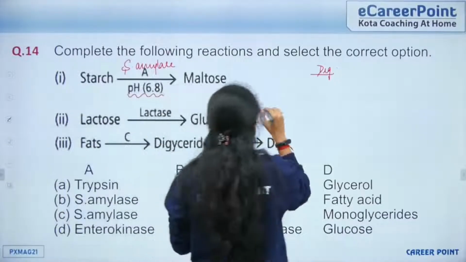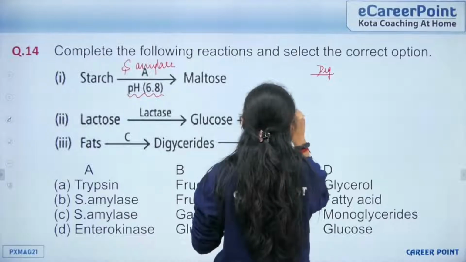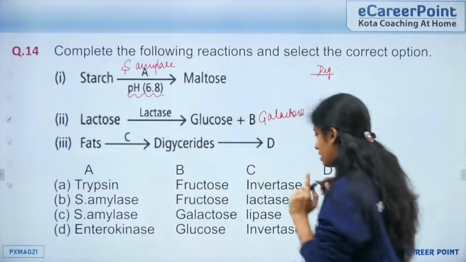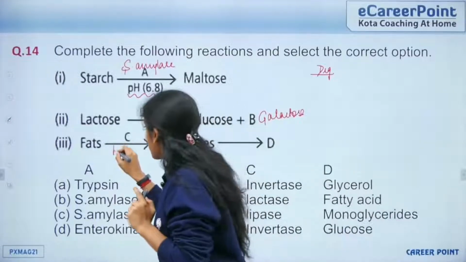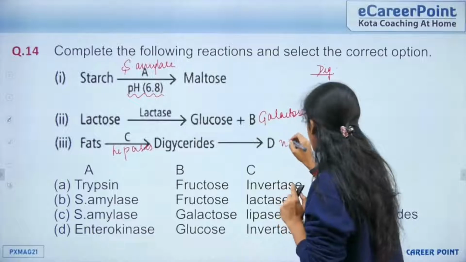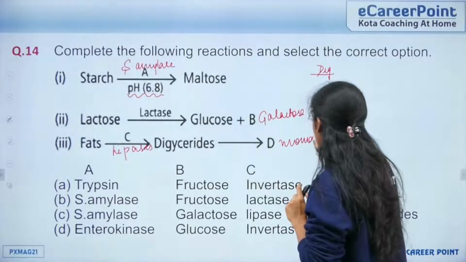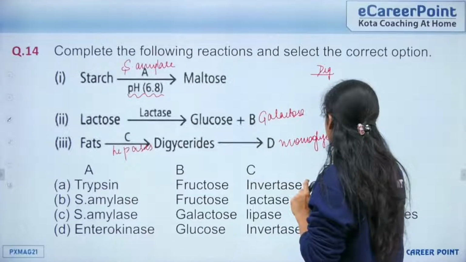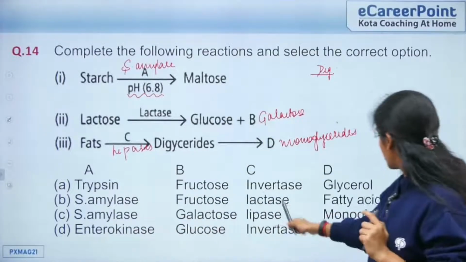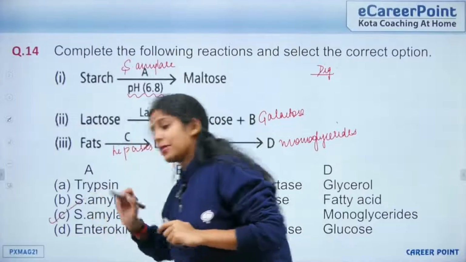It gets broken down into glucose and galactose. Fats are broken down into diglycerides in the presence of lipases. Diglycerides get broken down into monoglycerides. So what is the answer? Salivary amylase, galactose, lipase, monoglycerides.